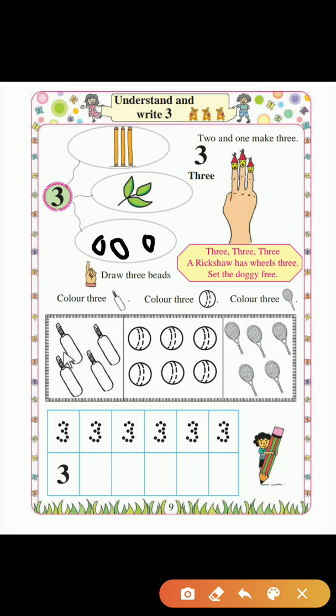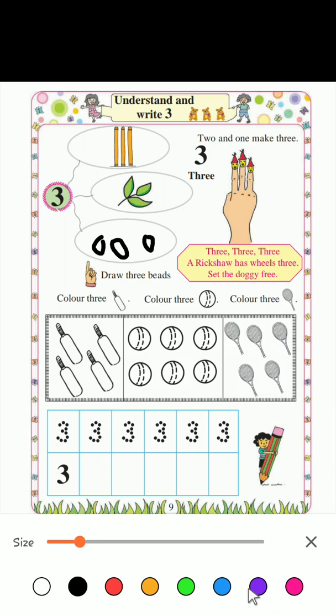Color 3 bats. In this box there are 4 bats. We need to color only 3 bats. 1, 2, 3.